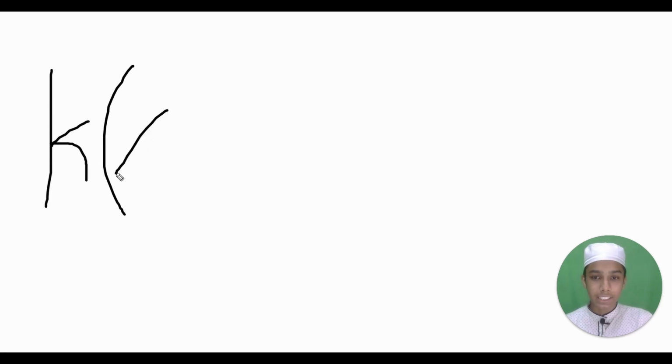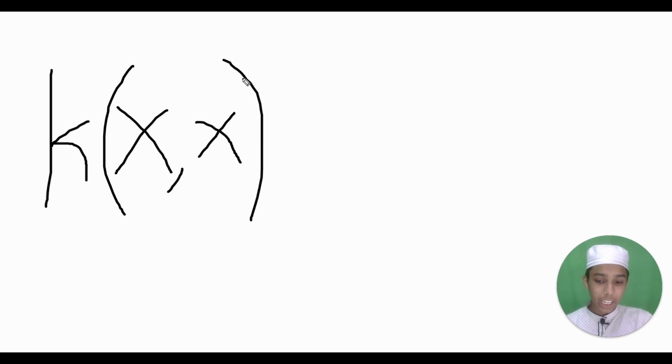Now guys, how are kernels generally defined? Generally the kernel is defined as k, where k means kernel, and in the brackets we give x, comma, and then another x, but this second x is going to be different, so we can call it x prime.